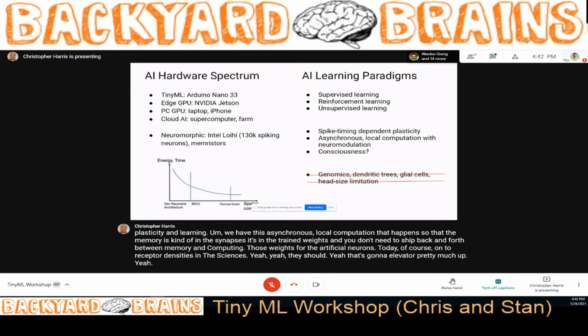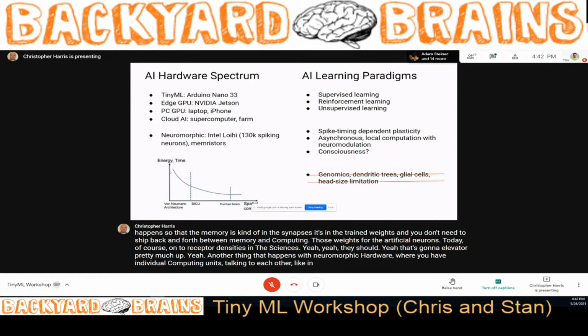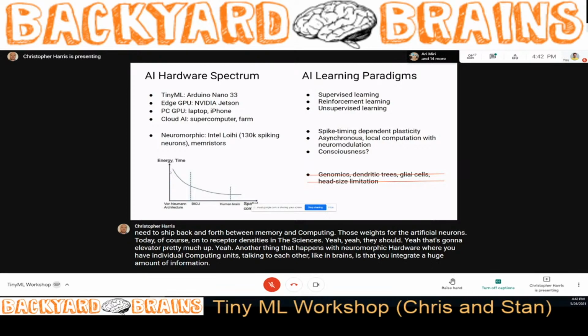And another thing that happens with neuromorphic hardware, where you have individual computing units talking to each other like in brains, is that you integrate a huge amount of information in a way that just doesn't really happen in a typical computer. So all neurons are sort of able to talk to every other neuron.